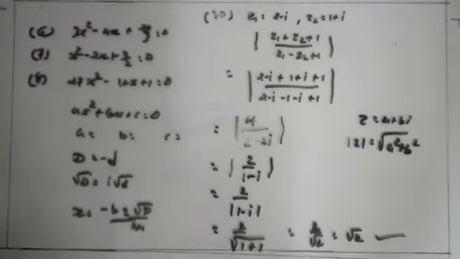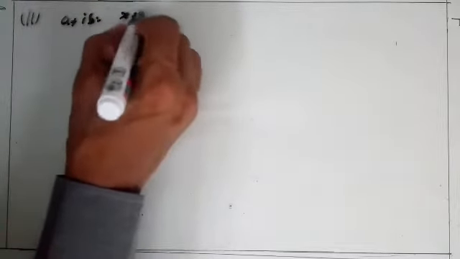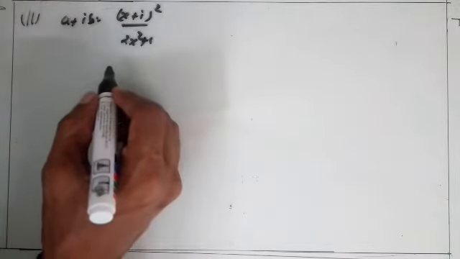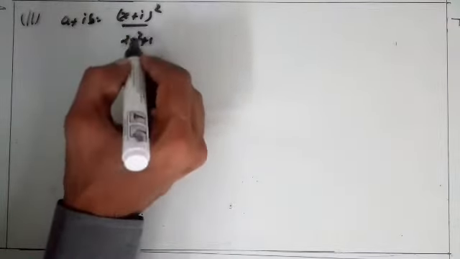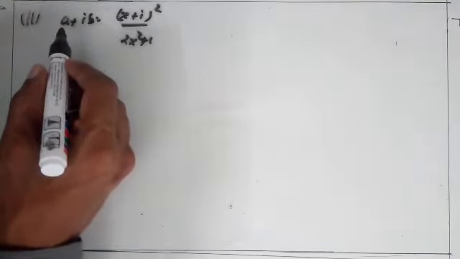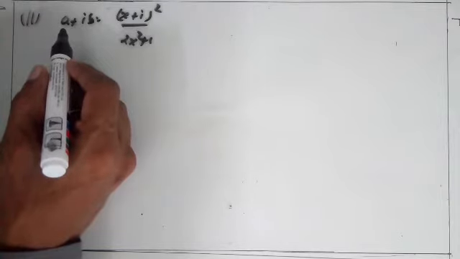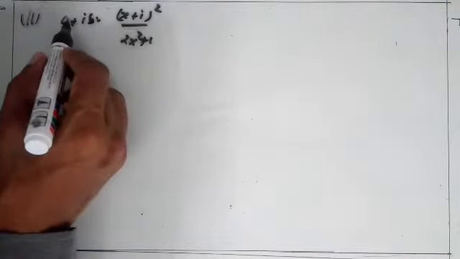Now next, question number 11. Given a + ib = (x + i)²/(2x² + 1), prove that a² + b² = (x² + 1)²/(2x² + 1)². Here a² + b² on the left side is the square of the magnitude of a + ib.